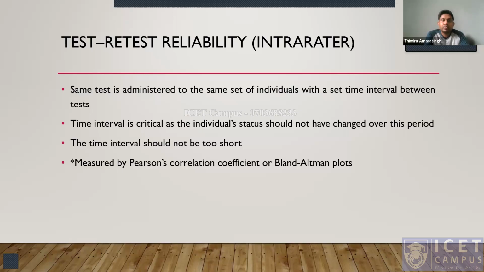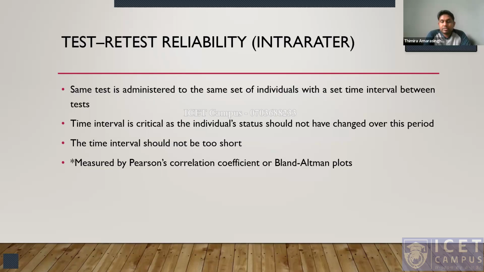So we give the questionnaire today, and after 5 days, we give it to them again. In another 5 days, we give it to the same people again. Now, here, the important thing is we need to consider the time interval.